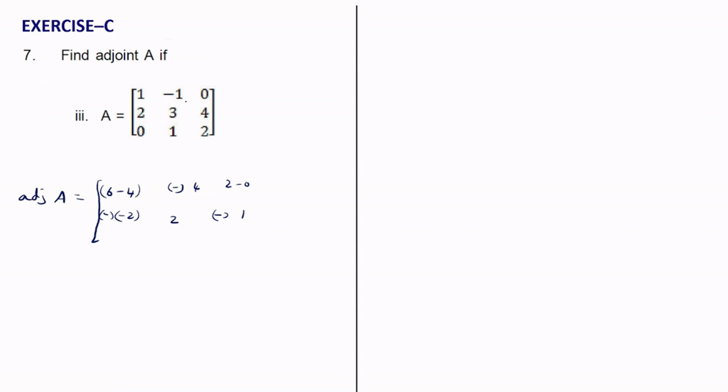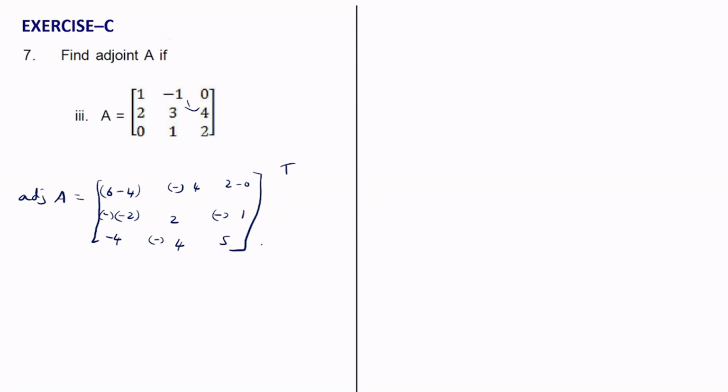So it is minus 1 into 4, minus 4, minus 0. And next we have minus of cofactor of 1. It is obtained by finding the determinant by deleting the third row and the second column. So it is 1 into 4, 4 minus 0. So this is 4. Next we have cofactor of the last element 2. It is 3 plus 2, which is 5.